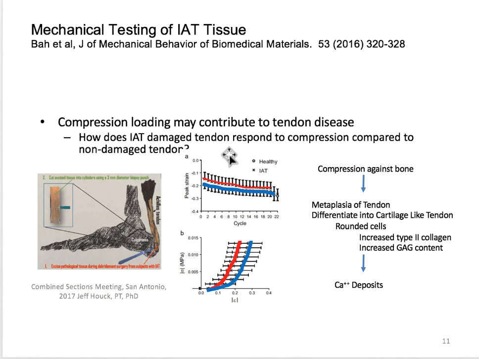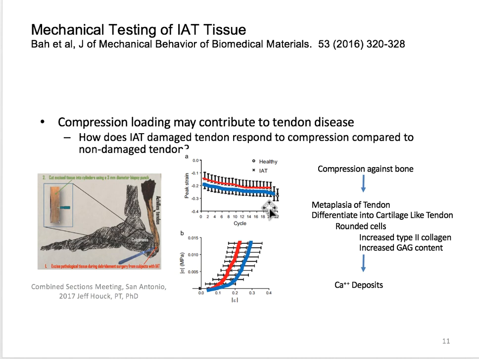And we see that reflected both in the elastography, the previous experiment, and then in this experiment here, where zero strain is this peak point on the graph. We see the IAT in red, which deforms less, which means it's more stiff than the blue, which is a normal tendon. And we see a stress-strain curve here where the IAT in red is deforming less for a given amount of stress. That means it's more stiff than the blue, which is the control.